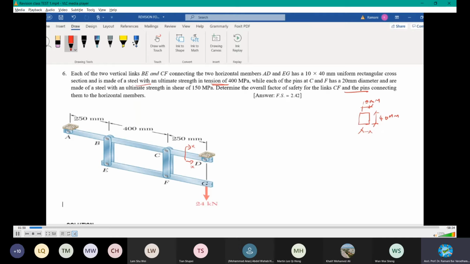So, what else is given to you? Rectangular cross section at this point, and then ultimate strength are given. What is ultimate strength? Quickly, it is due to the material, right? Ultimate strength here is referring to strength or stress. Both units are the same. Stress is referring to the material property, how much load it can bear.